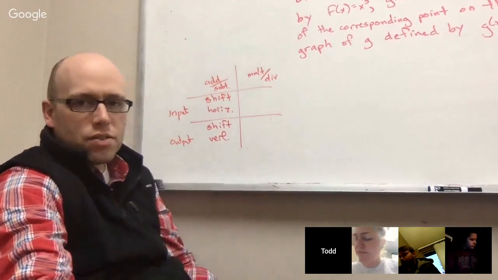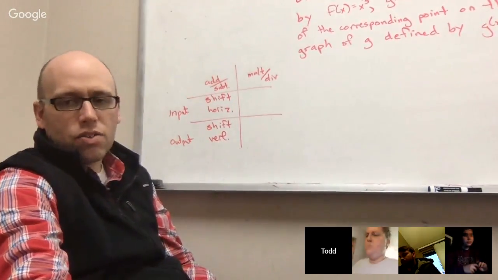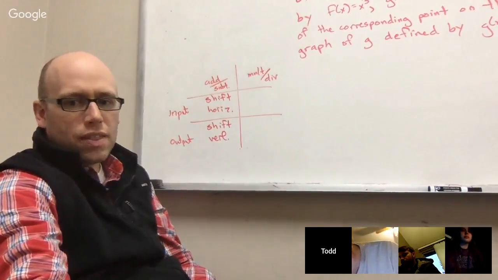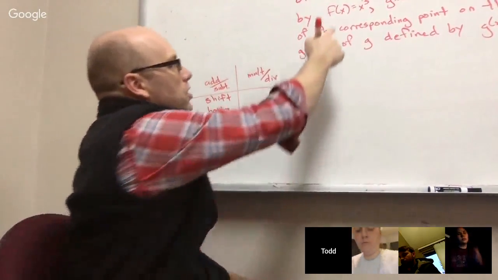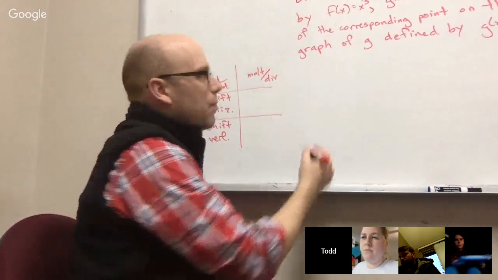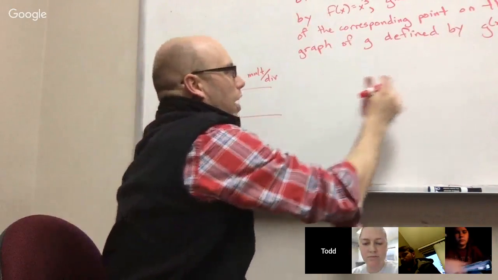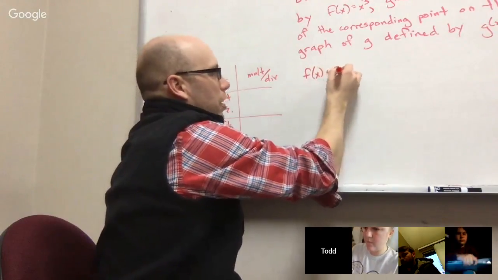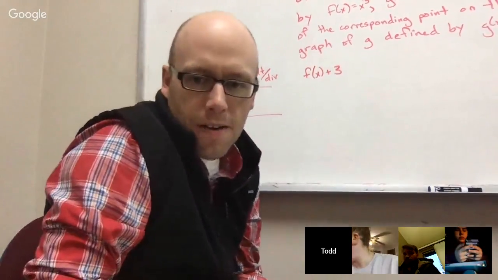The reason for that is, if we just go to our function here, we can think about why that might be. So let's go to f of x equals x cubed. Let's ignore our actual function. Let's say I do f of x plus 3. Is that okay?